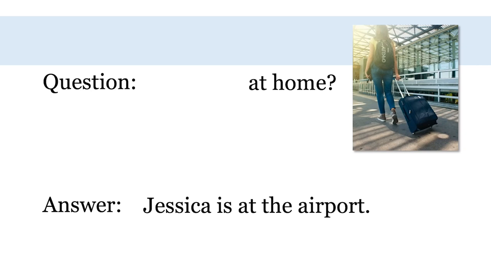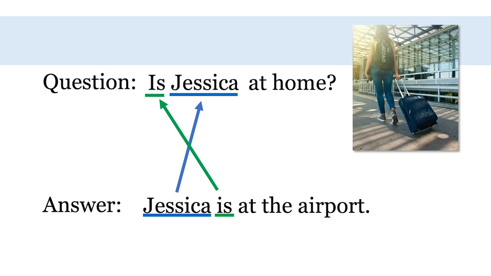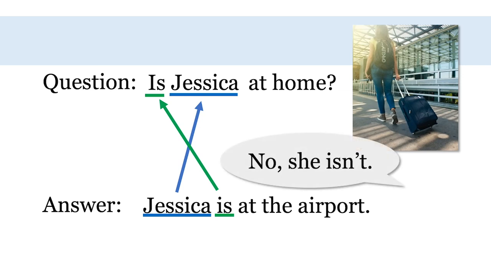Let's practice. Look at the answer. Jessica is at the airport. Jessica is the subject and is the verb. So we reverse the order and we get, is Jessica at home? No, she isn't.